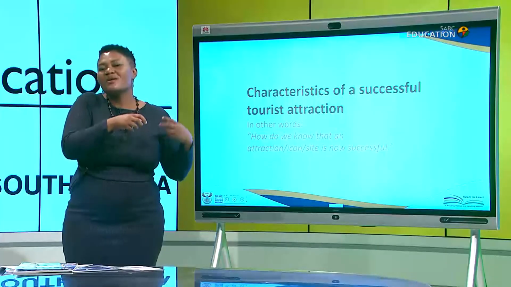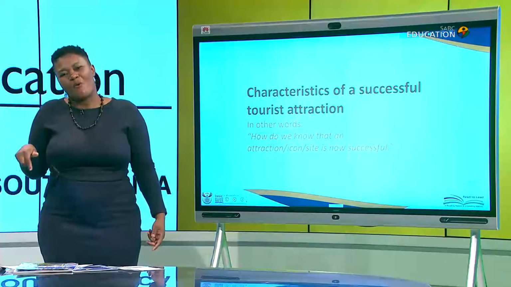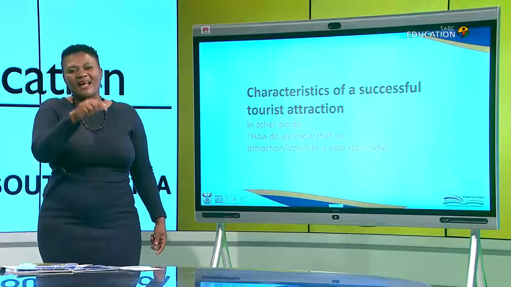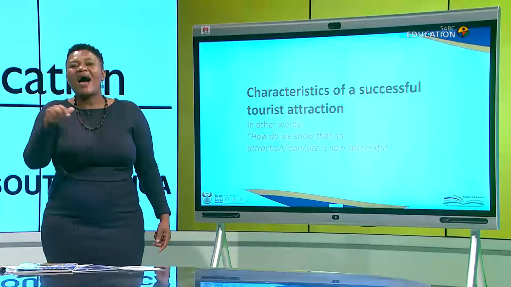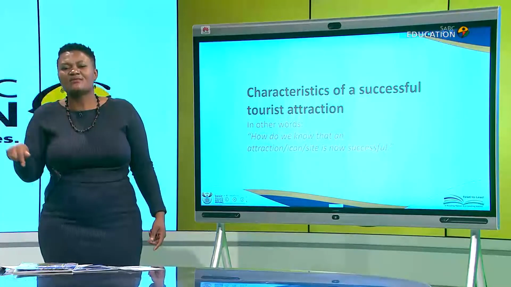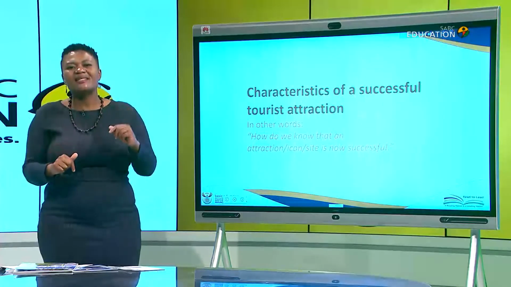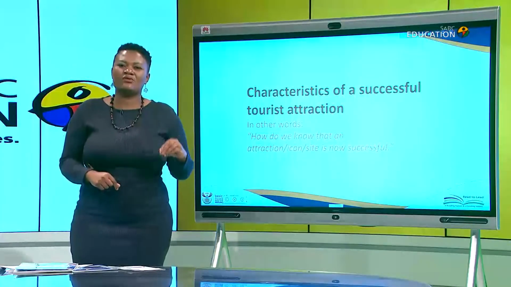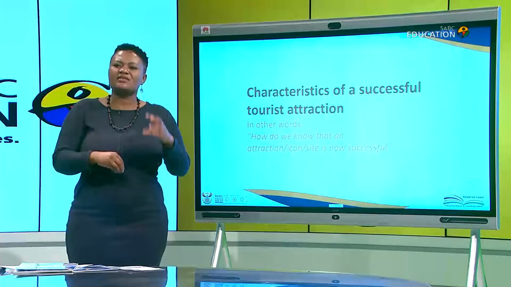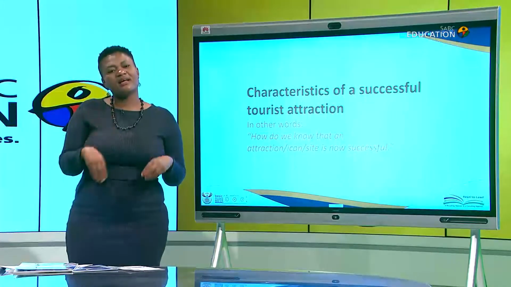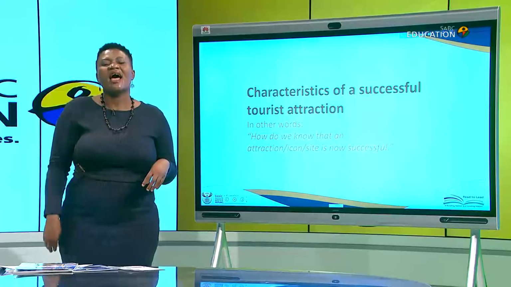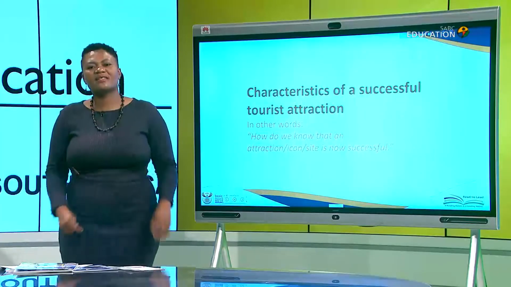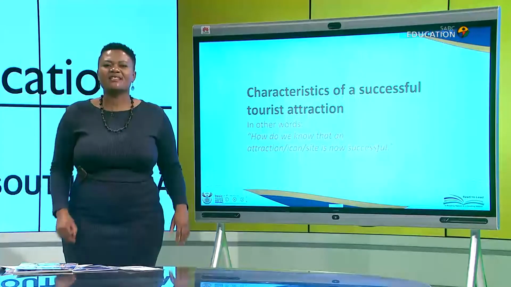With characteristics, we are saying, how do we know that an attraction is now successful? After using those 8 factors, we need to check now, are we successful? And when we are successful, what becomes evidence? What do we see? So now we are dealing with the characteristics of a successful tourist attraction. And how many characteristics do I have? I have 4 characteristics, while the factors I had 8.